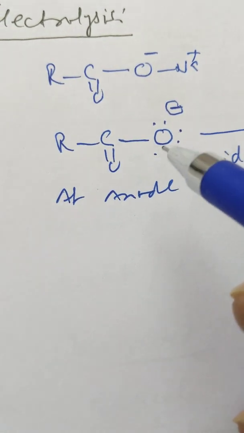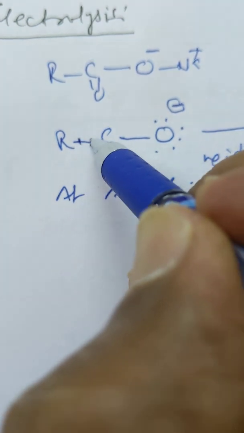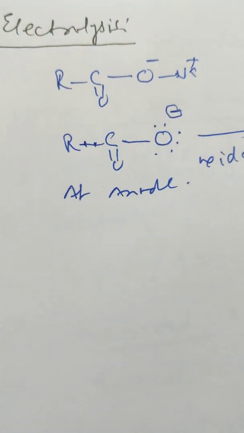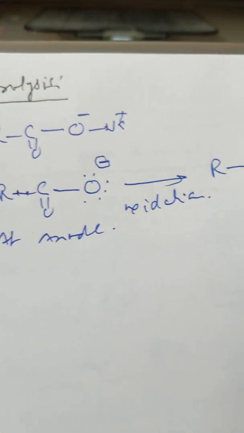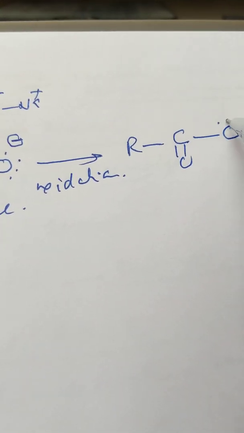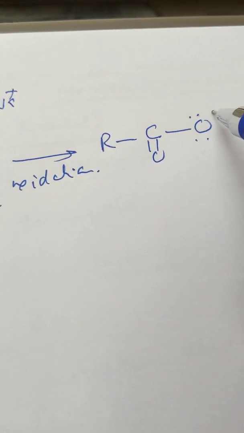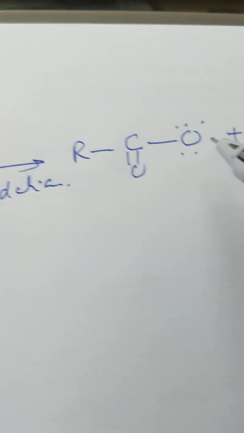Again, see, this will give up one electron. After giving up one electron, what we will get is R C double bond O, O with an odd electron, plus the electron. See, this was the anion, and after losing an electron it is getting this.